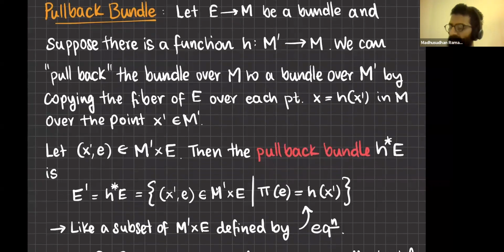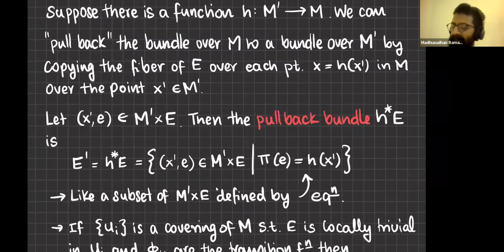In more detail, we're going to understand the pullback as a subset of a particular product. Let's consider M prime times E, where E is the original bundle, and M prime is the manifold that maps onto M. There's a function h which maps onto the base of E. Let's denote a point in this product as x prime and small e.